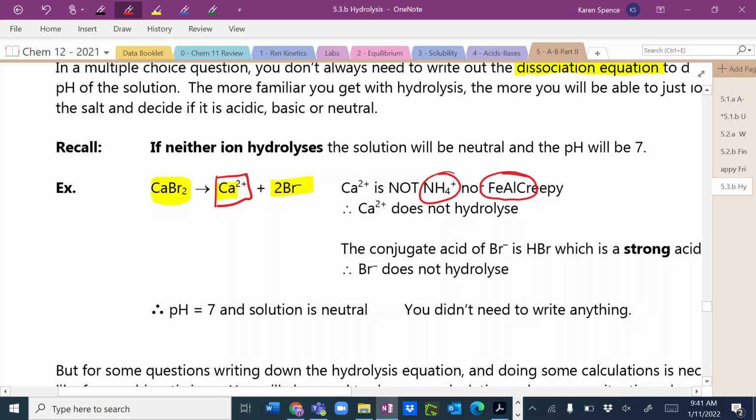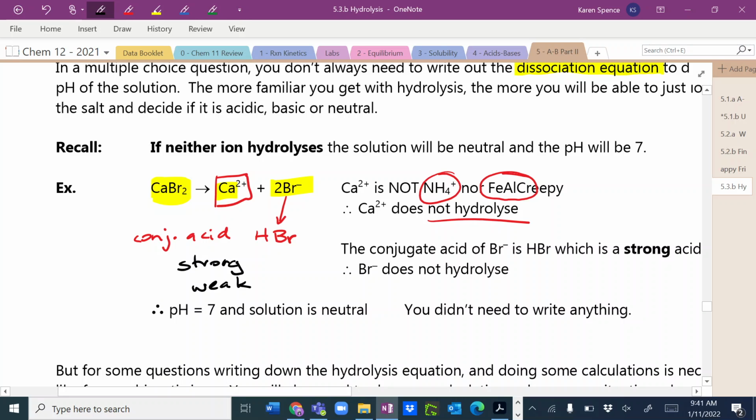And so calcium does not hydrolyze. And remember, when we are looking at our anion, we are going to look at whether its conjugate acid, which is HBr, is strong or weak.